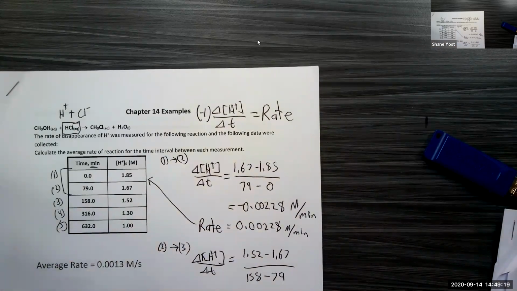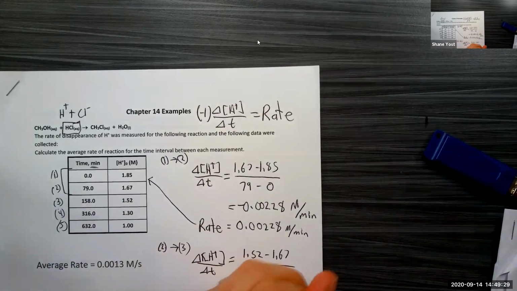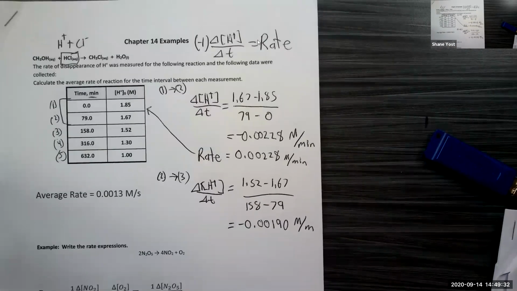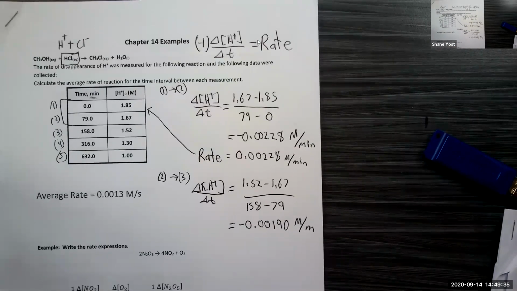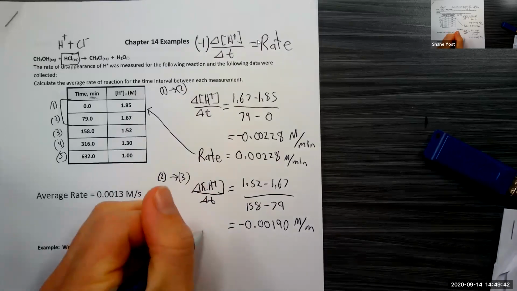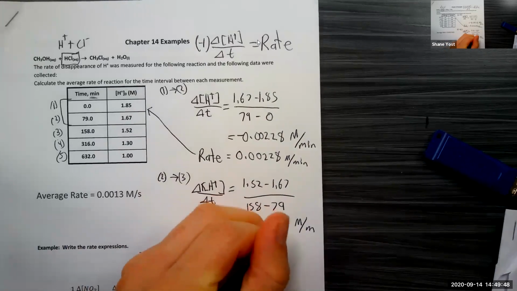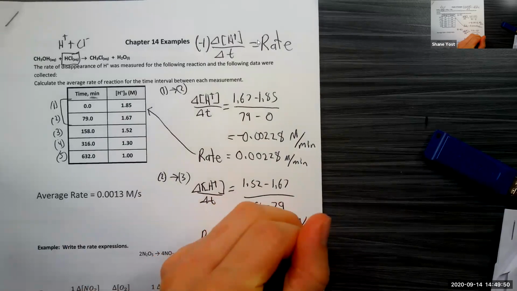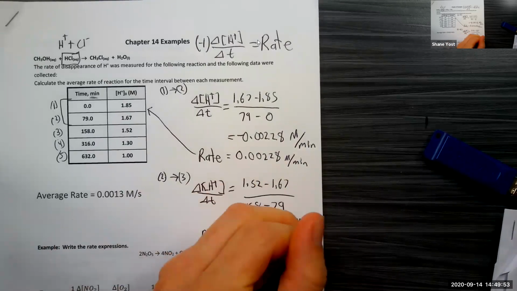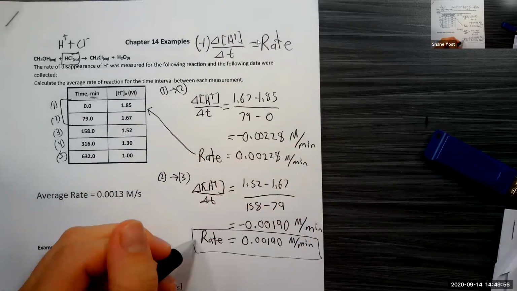And that gives us a value of minus 0.00190 molar per minute. Again, the rate of the reaction is just the positive value of that, because our stoichiometric coefficient is positive.